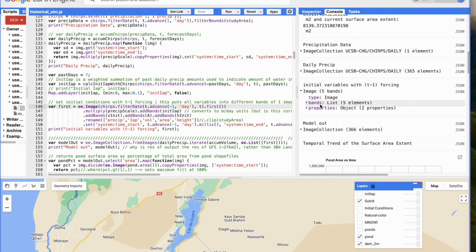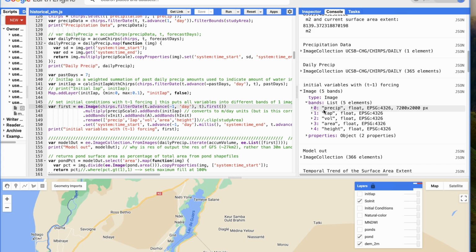So this is the image that comes out, which has the bands with all these initial components: precipitation, volume, area, height, and the soil moisture component.